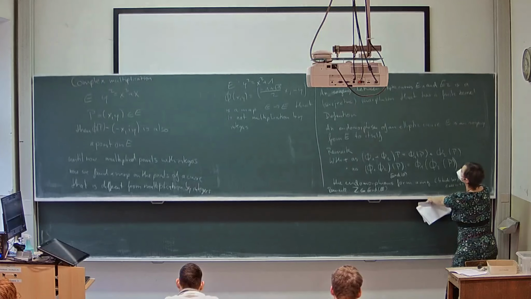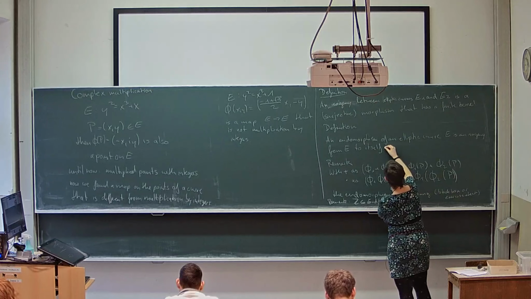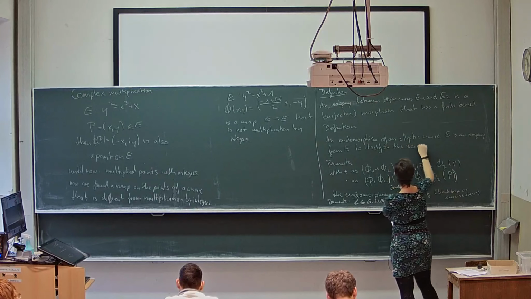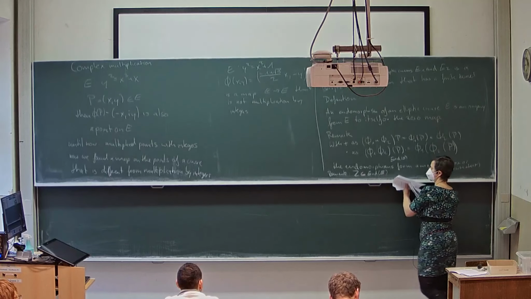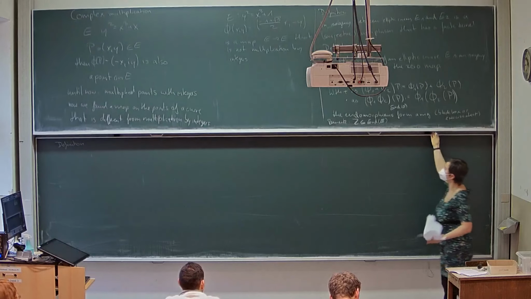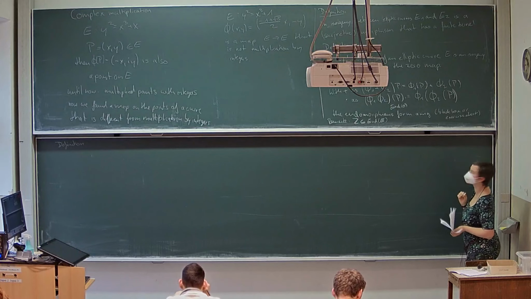Then let's just say here, or the 0 map. And we don't have a problem here. So then we have the integers as a subset.